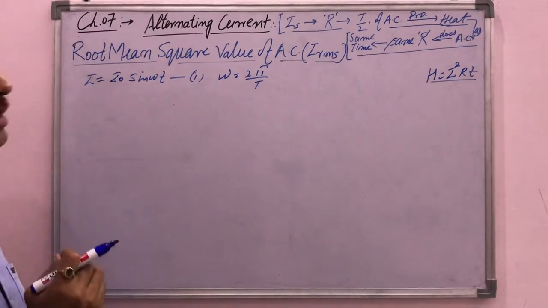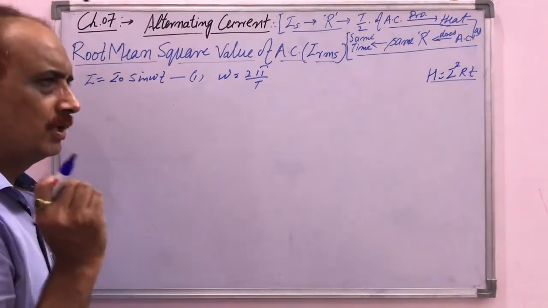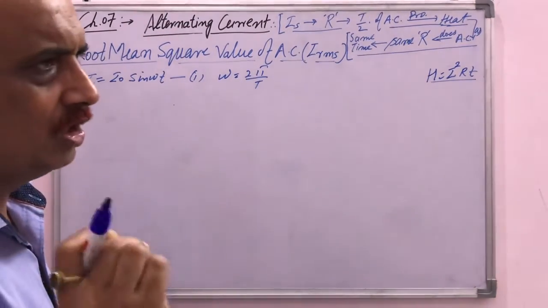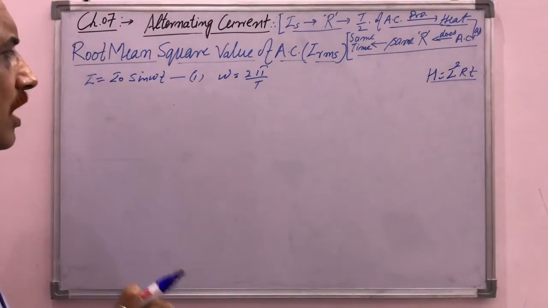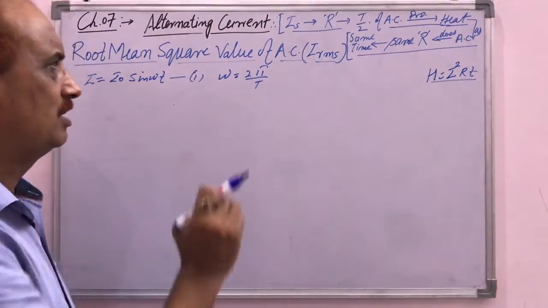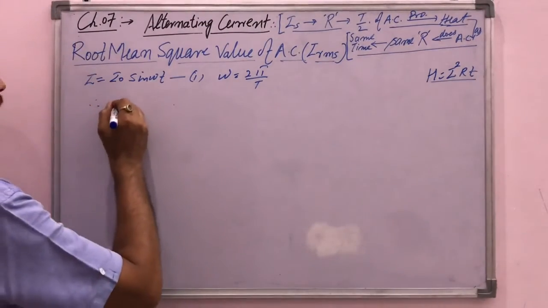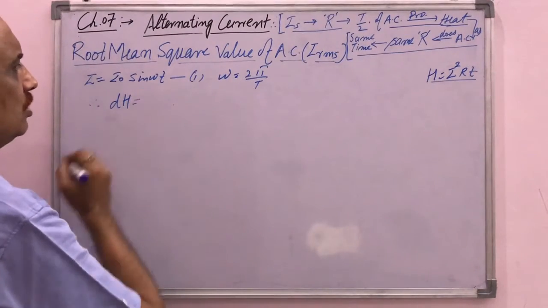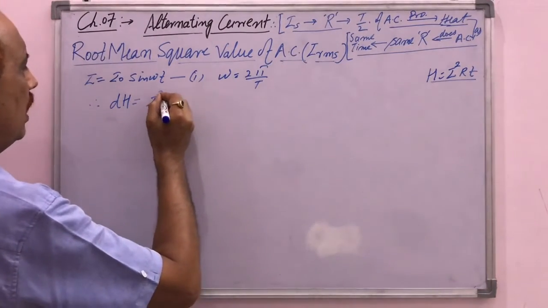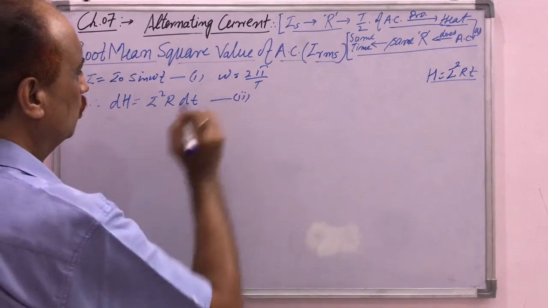Suppose for a small interval of time dt, the value of current I is constant, and a small amount of heat dH is produced through resistor R. Then dH equals I square R into dt, equation number 2.